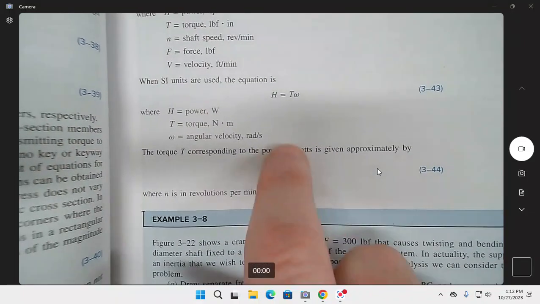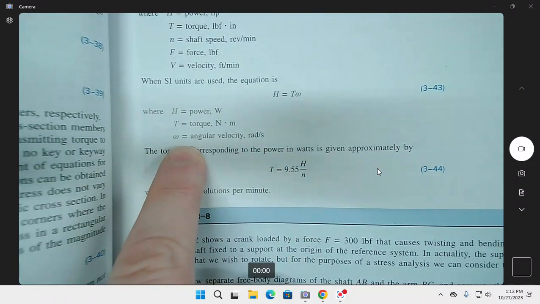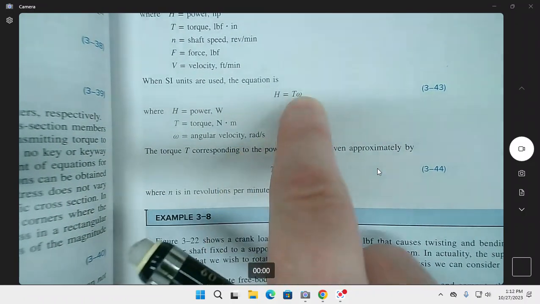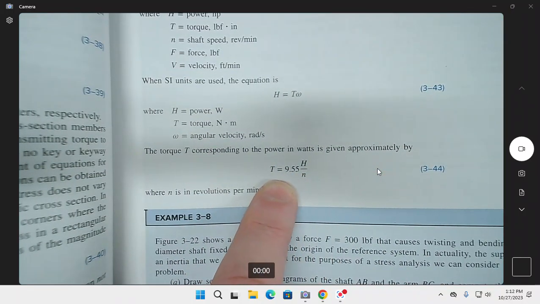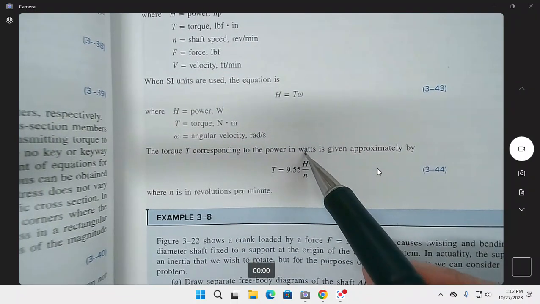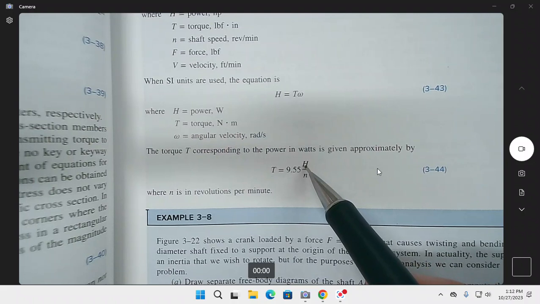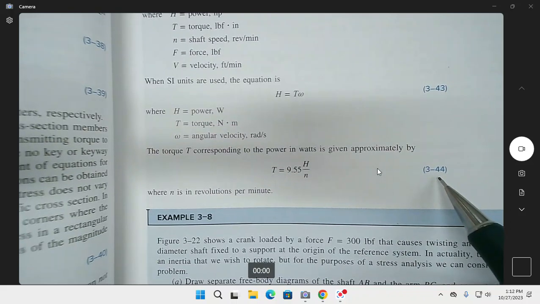All right, so here is the fundamental concept, but they're using radians per second. If you want to find the torque when you're given power, and it's important that this is in watts, not kilowatts, you divide by RPM. So this is the equation that we want, equation 3-44.